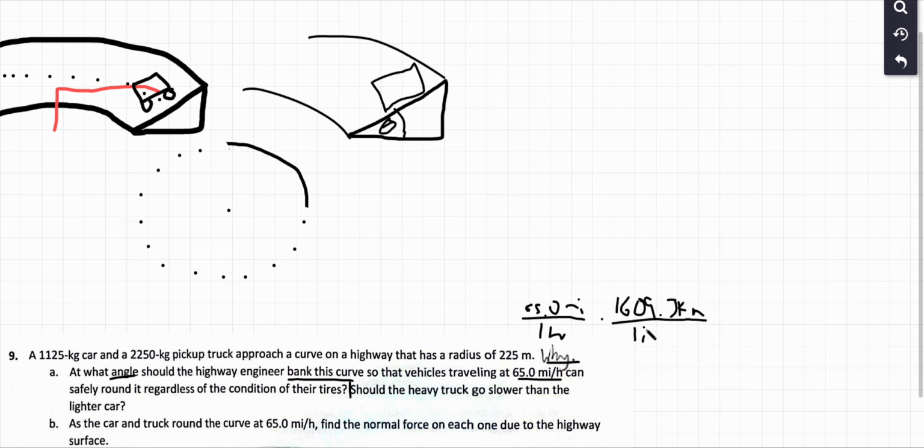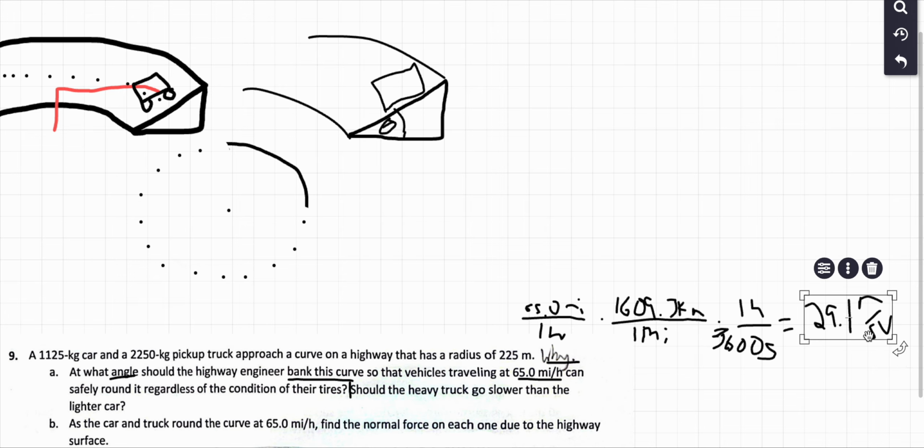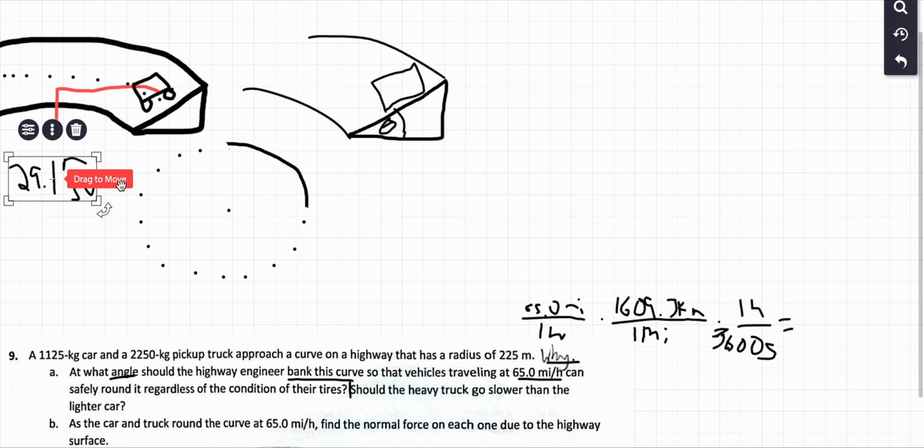For every hour there is 3,600 seconds, which is going to get you 29.1 meters per second as our velocity. Nice. We might want to keep that for later. Let's just move that over there.